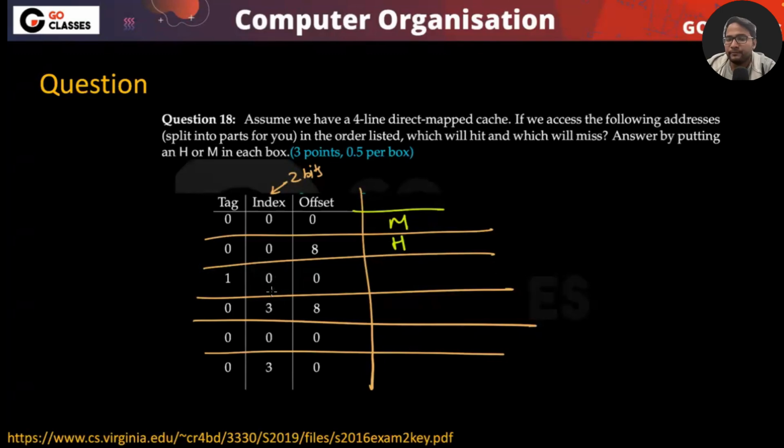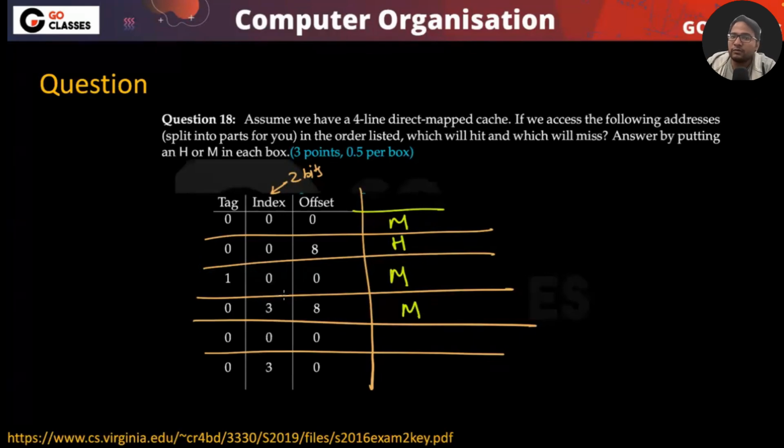Now you tell me. Again you are going to line number 0, but this time you are looking for some other tag, which is 1. So that's why it is a miss. Now you are going to line number 3. This is the very first time you are going to line number 3. Can you tell me if it is a hit or miss? This will be a miss, right? You have not put any data here. Now you tell me, is this a hit or miss?